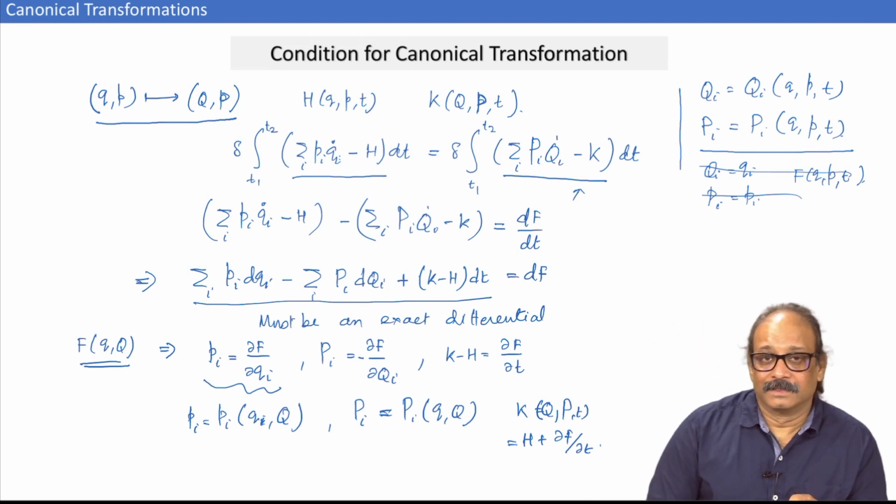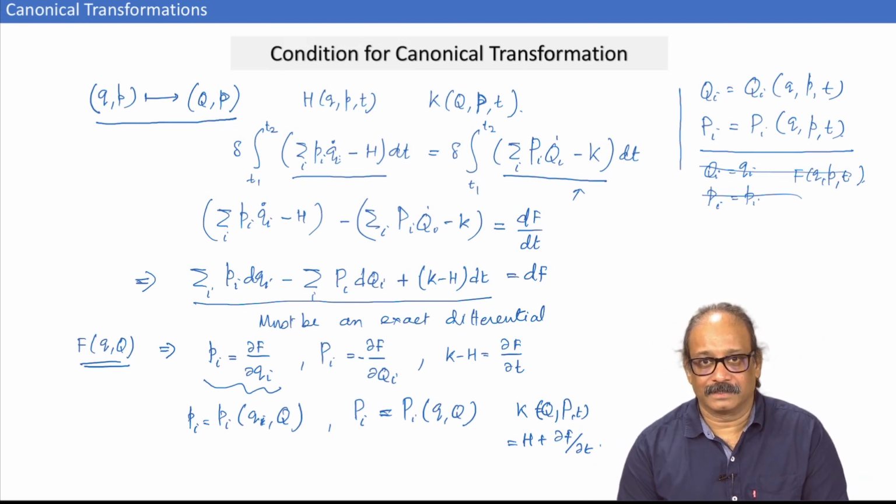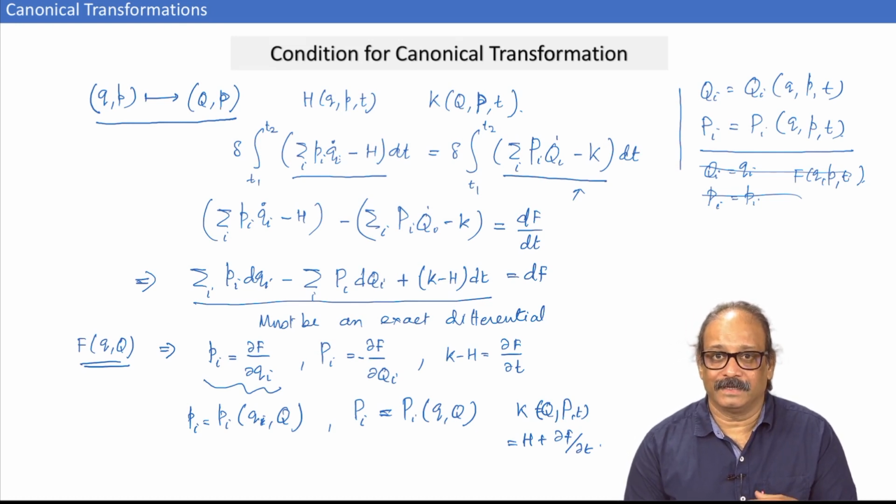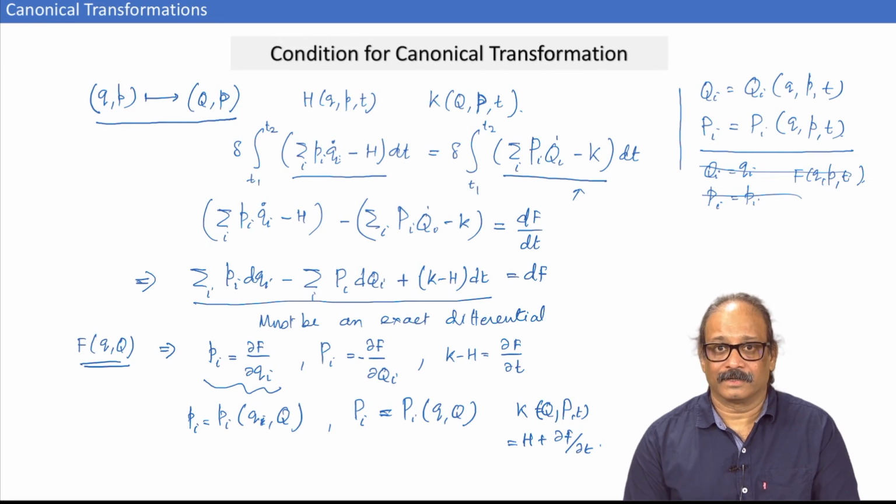What has happened? If I start with a function of small q and capital Q, I automatically get a canonical transformation.